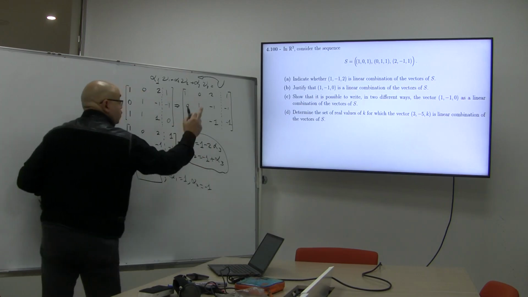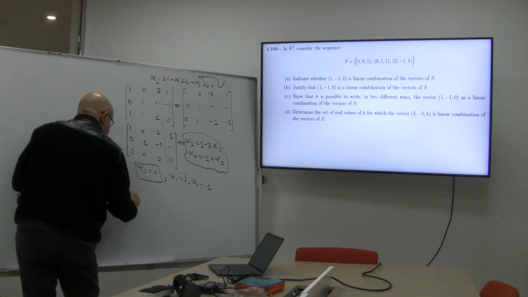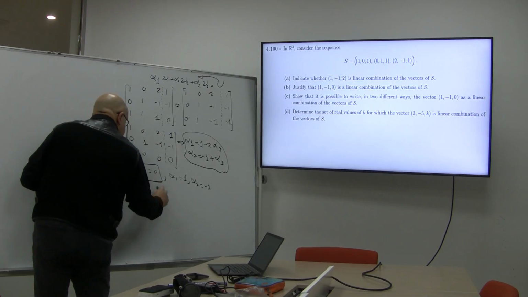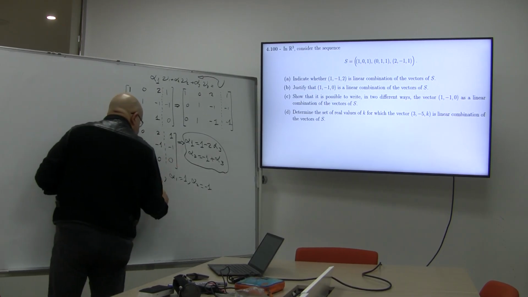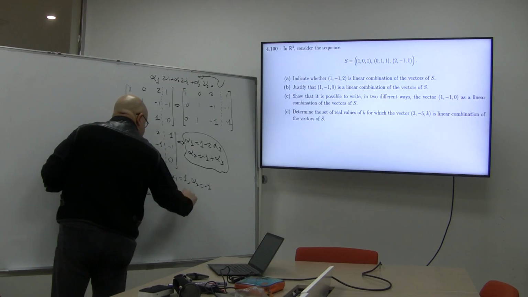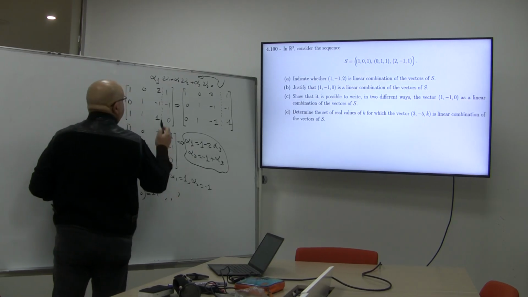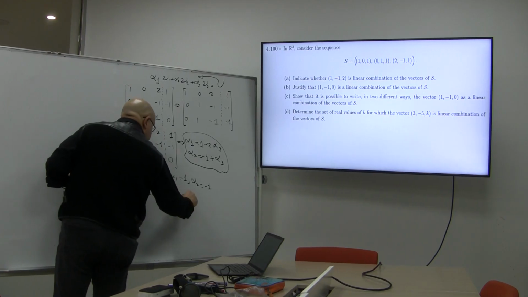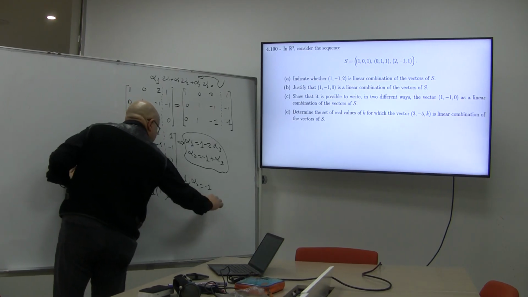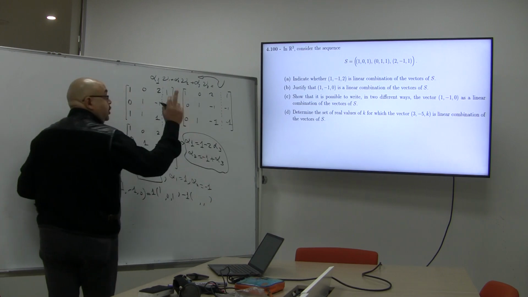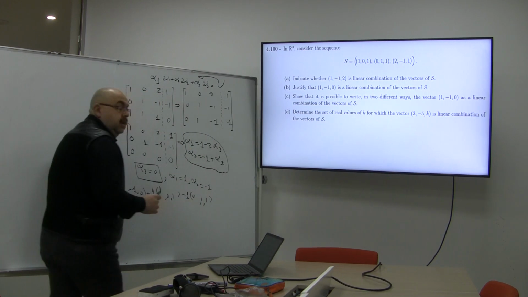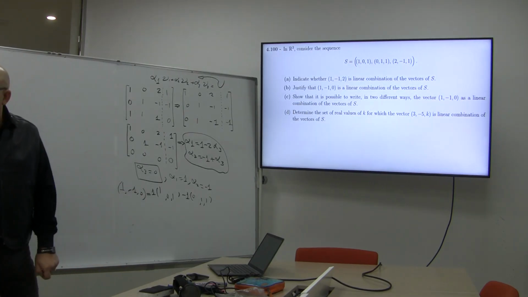And so the vector 1, negative 1, and 0 can be written as 1 times the first vector, which is 1, 0, and 1, then minus 1 times the second vector, which is 0, 1, plus 0 times the third vector.